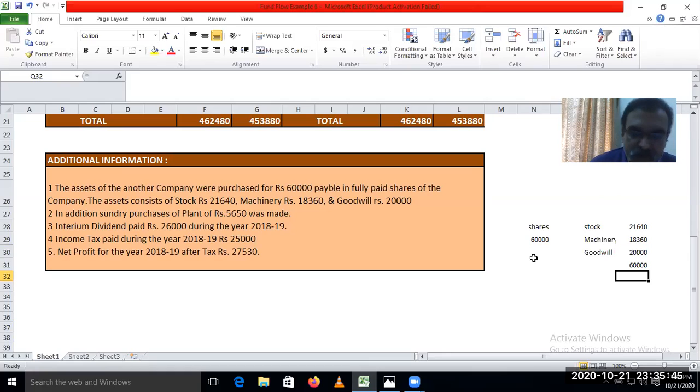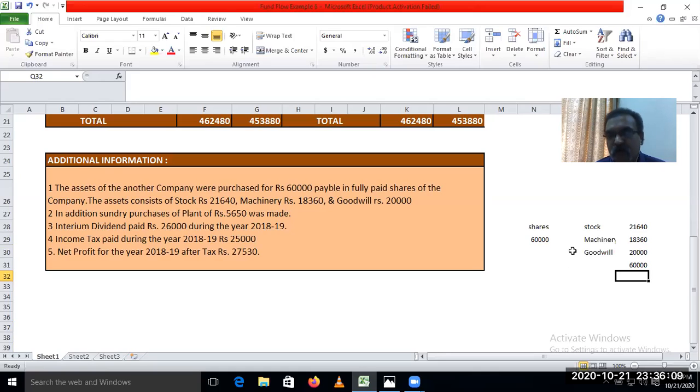Normally, we know that when a company issues shares, against those shares the company gets either cash or bank, mostly bank payment. But here, instead of bank, the company is receiving assets. Or when we purchase assets, normally we pay by way of bank or cash. But here, instead of bank or cash, shares have been issued.